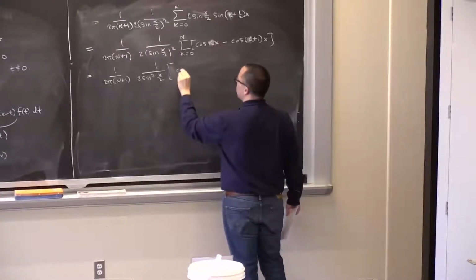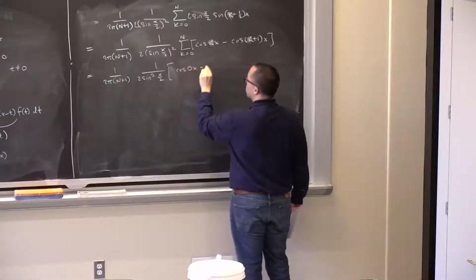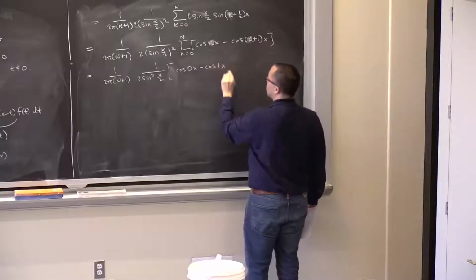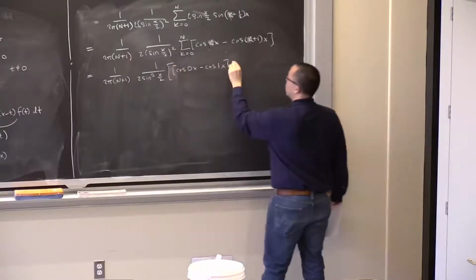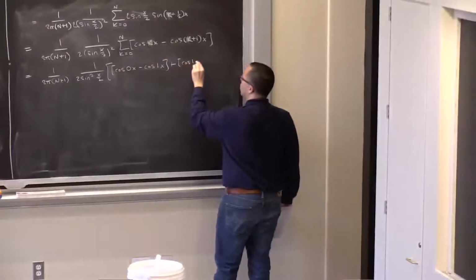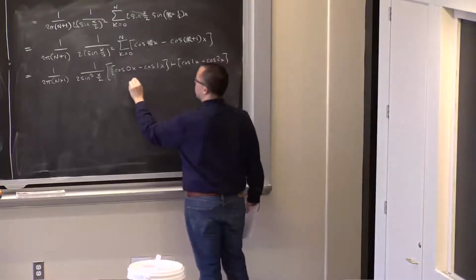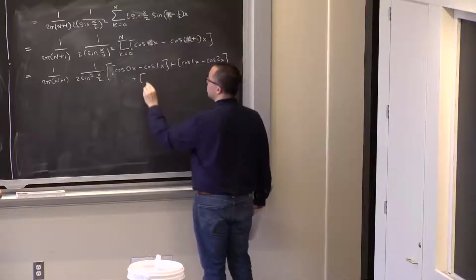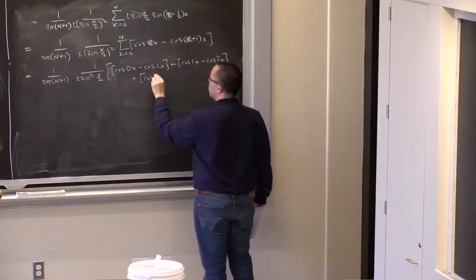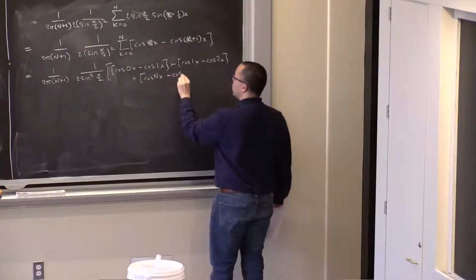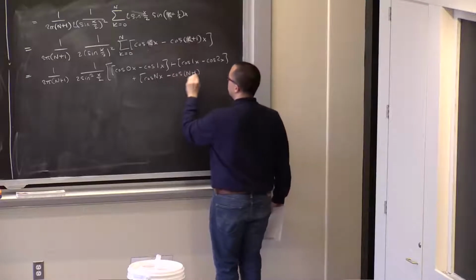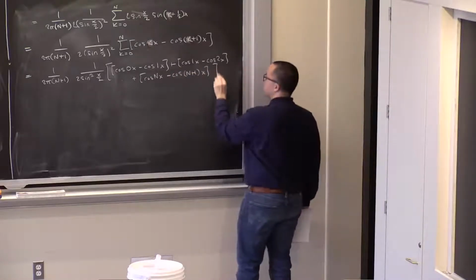We get cosine 0x minus cosine 1x, plus cosine 1x minus cosine 2x, dot dot dot, plus the last one, which is cosine nx minus cosine (n plus 1)x.